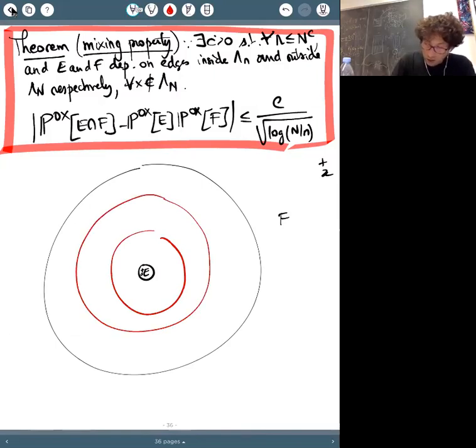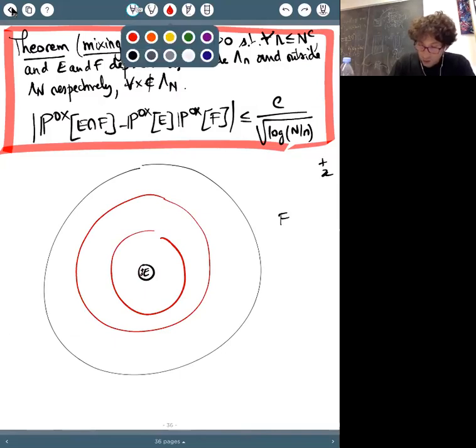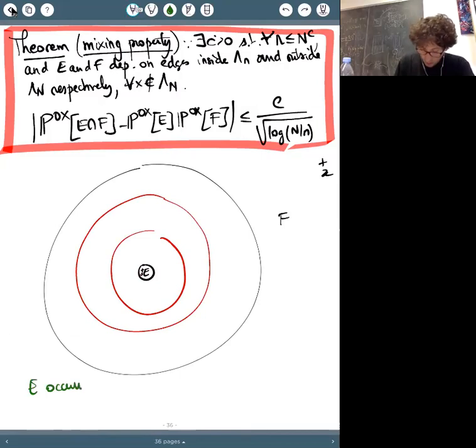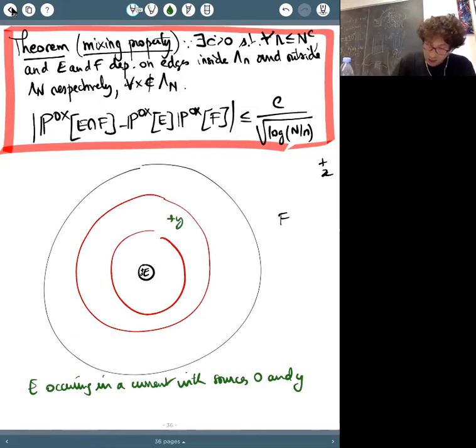And what we are going to try to do is go from one current with sources 0 and x, and transform it to have E occurring in a current with sources 0 and y, where y is going to be here, and an independent current F with sources y and x.